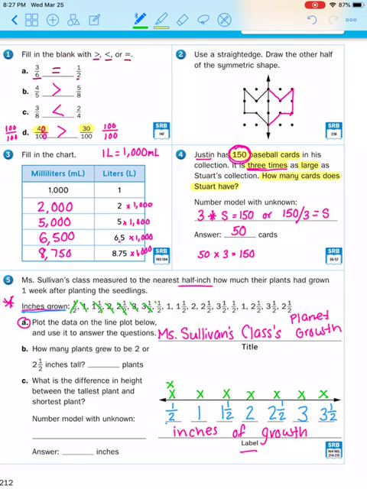Another 1/2, another 1. It's very easy to make a mistake if you don't check them off. 2 1/2, 3 1/2, 1/2, 1, 2 1/2, 3 1/2, and finally 2, wrong one, 2 1/2.